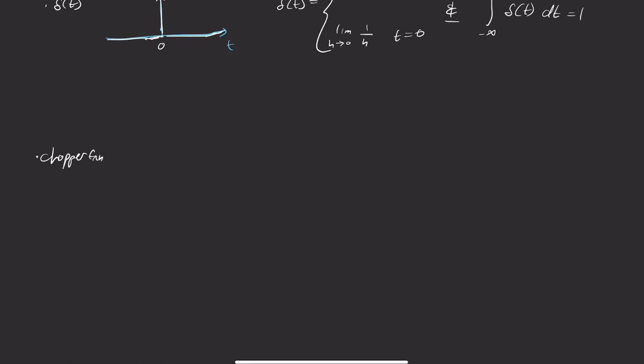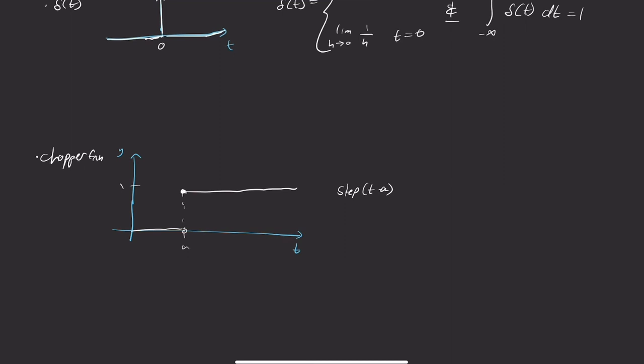So the chopper function is actually a really clever combination of two step functions, and you can see why. If we plot out, this will be our t, this will be our y. If we plot out step of t minus a, that'll look a little something like this. This will be 1, we'll jump up here at a, continue on till infinity.